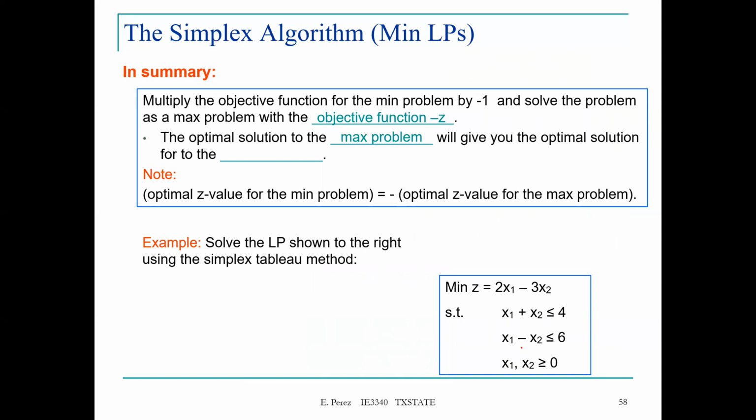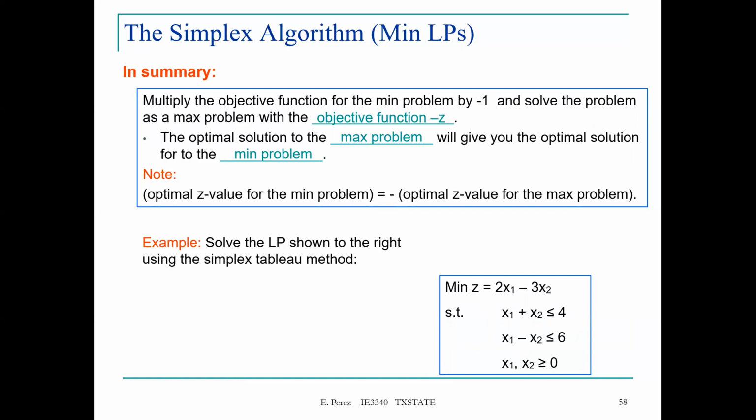The optimal solution to the maximization problem will give you the optimal solution to the minimization problem. As a note, the optimal z value for the minimization problem is equal to minus the optimal z value for the maximization problem.